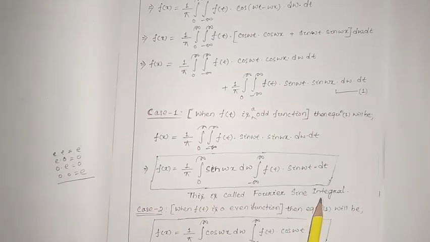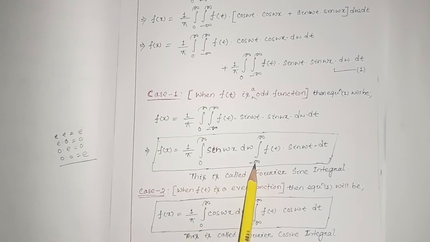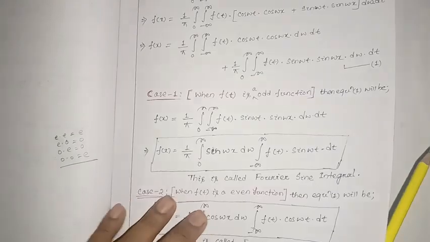This is called the Fourier sine integral: 1 by pi, 0 to infinity, sine omega x d omega, minus infinity to plus infinity f of t sine omega t dt.